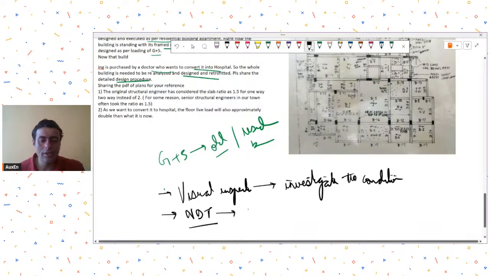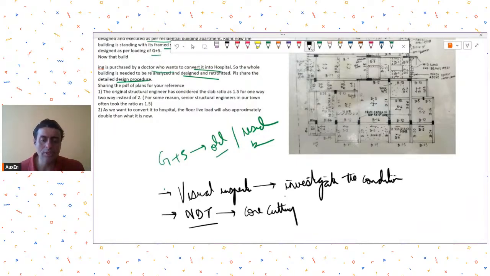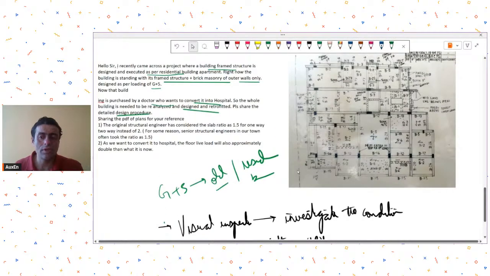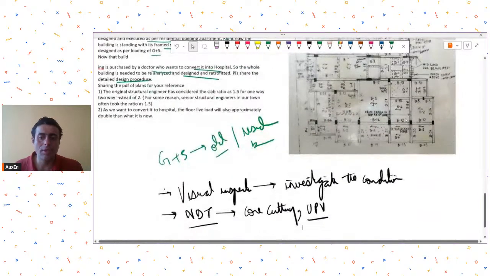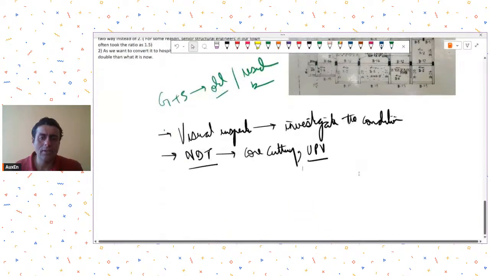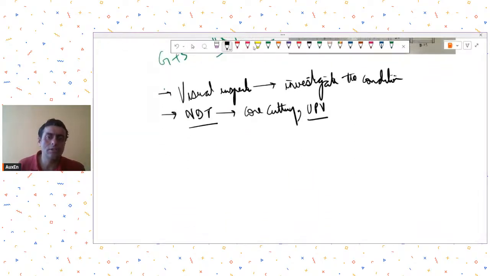In NDT you can do some core sampling to see the strength of concrete and to find out the reinforcement condition. You can do a UPV test, ultrasonic pulse velocity test. Using the UPV on the existing RCC frame, you can get to know the condition of your reinforcement, and you may also be able to see the number of bars and their condition. So do these two tests through NDT.